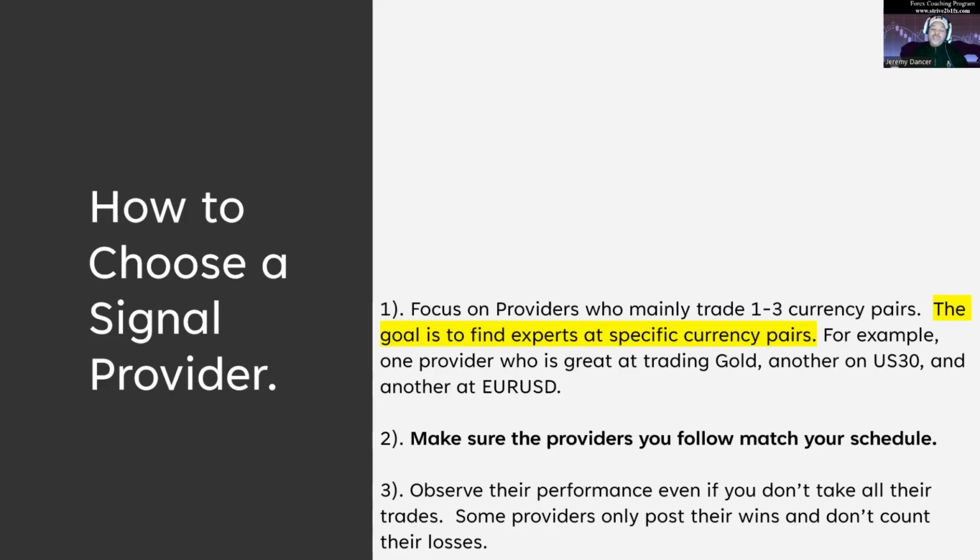And then they send out an update telling you to sell the Euro US dollar instead. So even though the buy was a losing trade, they don't count it because they gave an update telling you to sell instead. So you have some providers who are really shady in this business. Unfortunately, it is what it is, and we kind of just have to deal with it. But this is why I think signal providers should be a very small part of your overall trading business as a whole anyway.